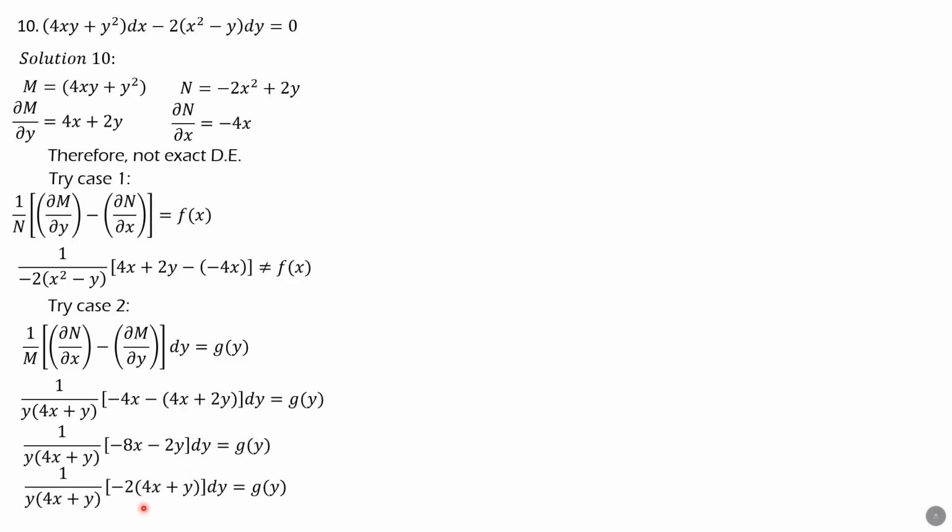So we can cancel 4x plus y, and it is indeed a function of y alone. G of y is negative 2 over y. And the integrating factor, therefore, is e to the integral of negative 2 over y dy.